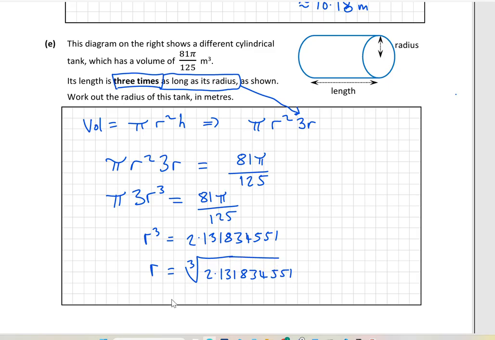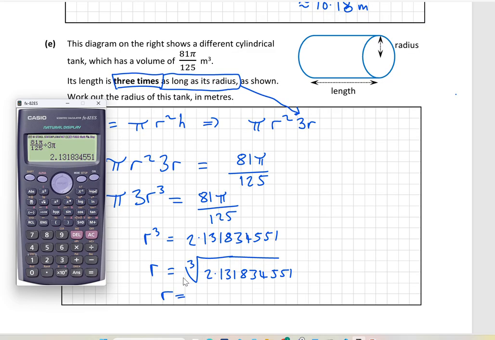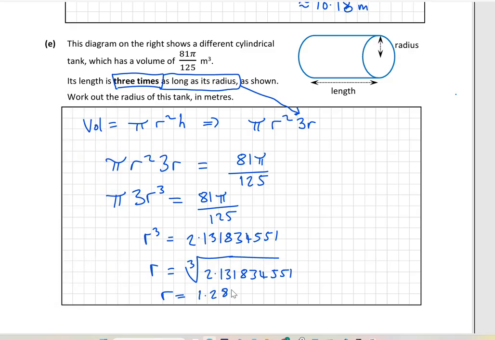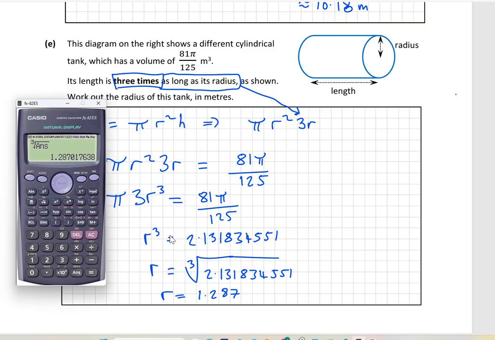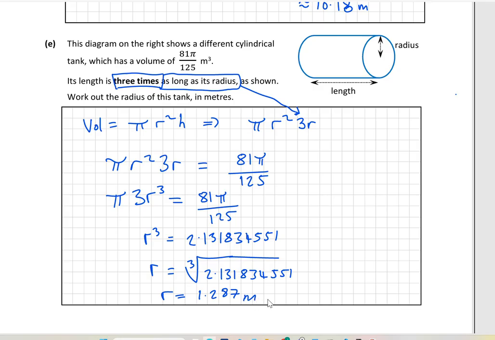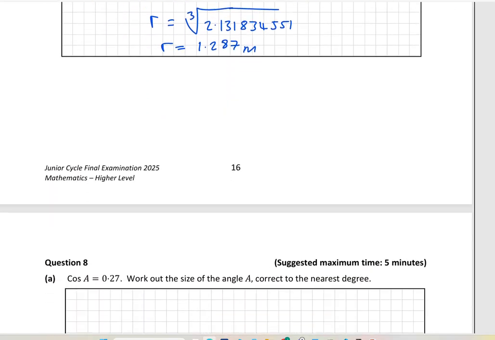So r is going to be shift, cube root of my previous answer, 1.287 in meters. So that's my answer. All right, and is that it for that question? It is.